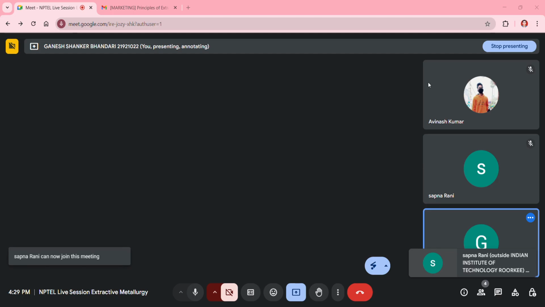Then, yes, rare earth metals. When we talk about electronic materials, then we talk about the rare earth elements. So let's consider a hard disk magnet. You know hard disk or SSD, which you use in your laptops, or you consider a pen drive.